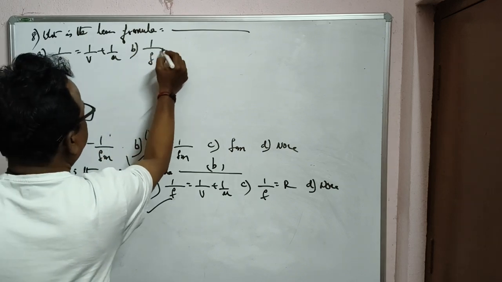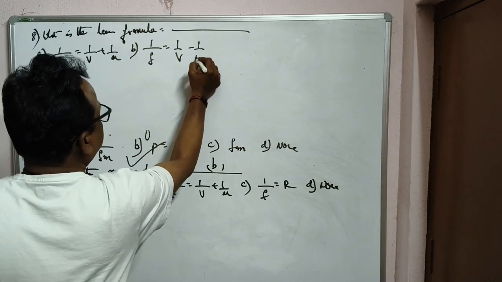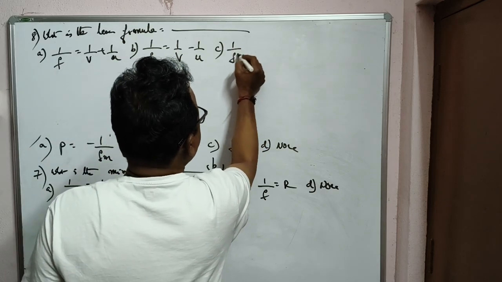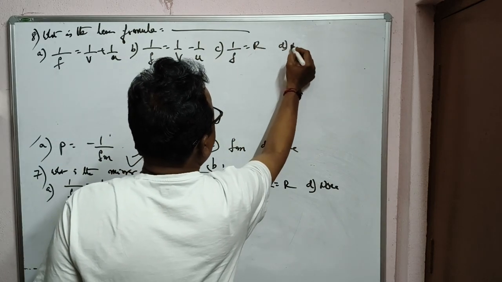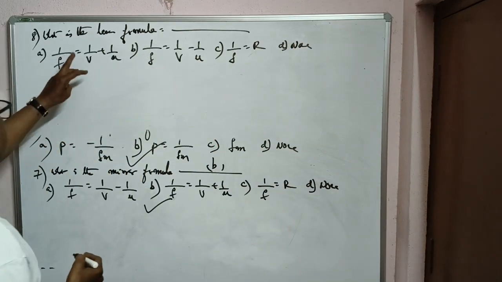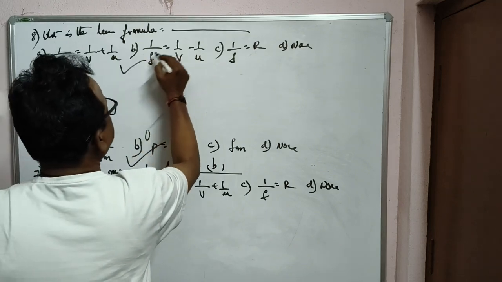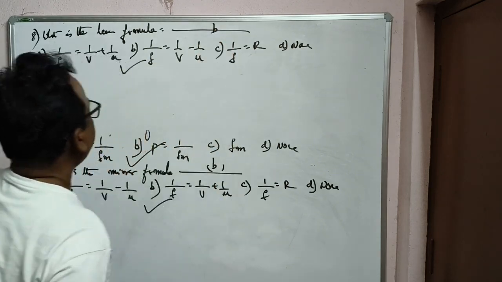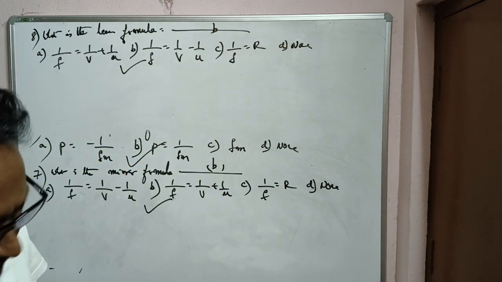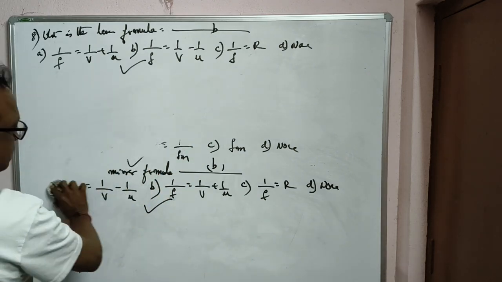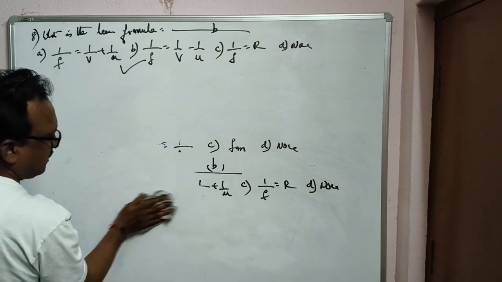B, 1 by f is equal to 1 by v minus 1 by u. C, 1 by f is equal to r, and D none. So this also we discussed. Lens formula is reverse of mirror formula. So B is the answer, please. B, 1 by f is equal to 1 by v minus 1 by u. So that is the 8th question, please.